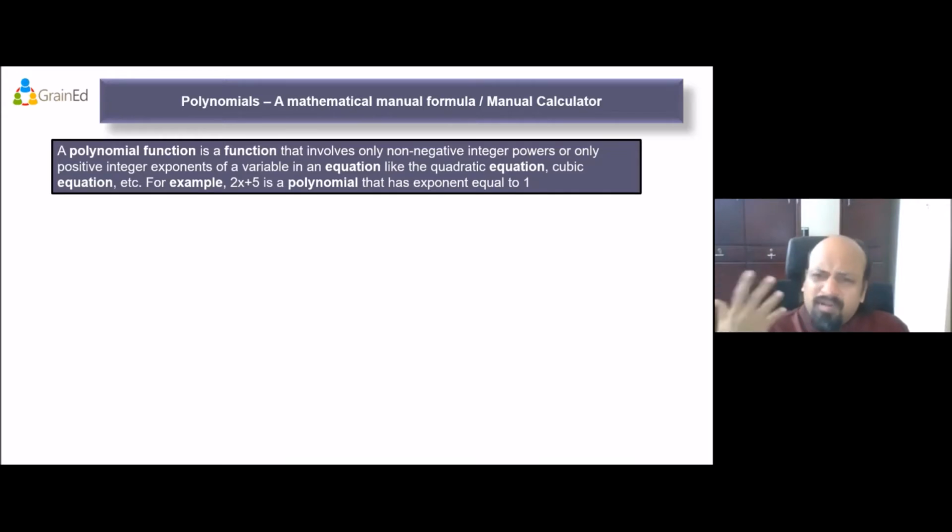Why are we studying 2x plus 5, x squared plus bx plus c, and all this in mathematics? Quick answer. This is actually the first calculator, a mathematical calculator. Ritesh, Abhirami, any answers? Shreyesh, Dana?